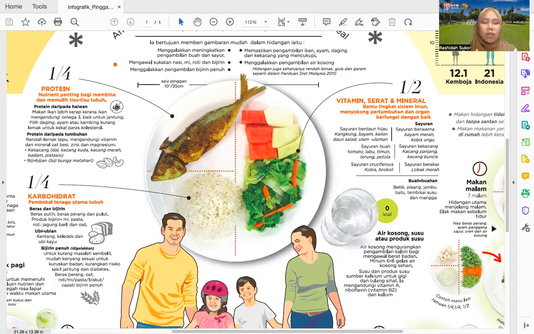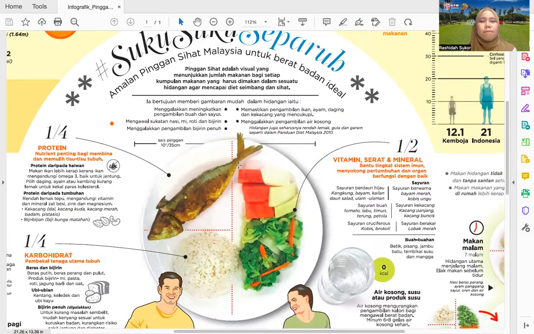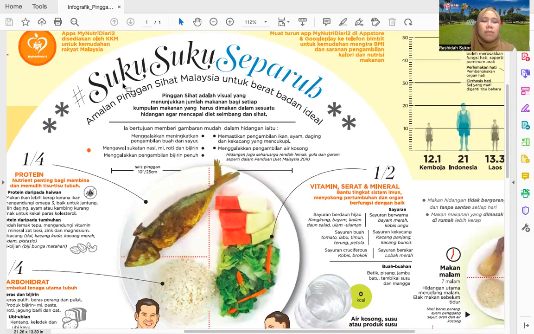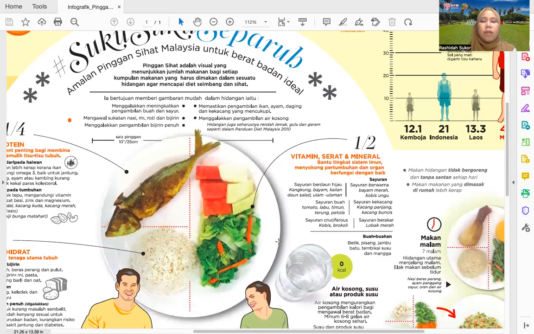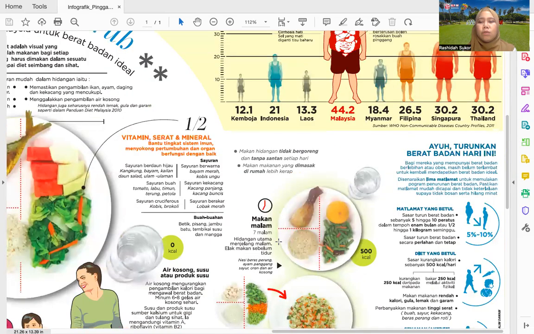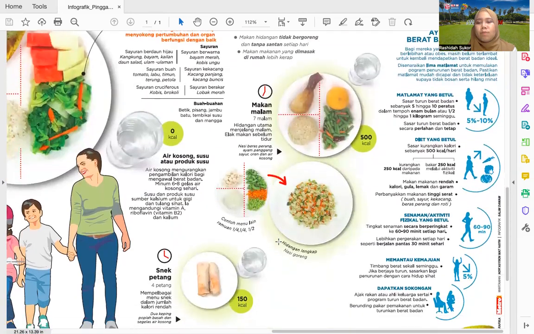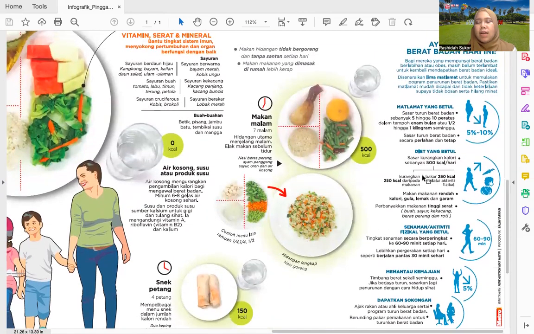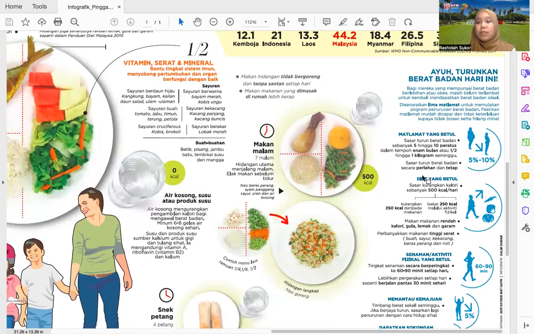It means quarter, quarter, half: quarter of carbo, quarter of protein, half of the vitamins, minerals, and fiber. So this is actually how we can reduce our body weight.